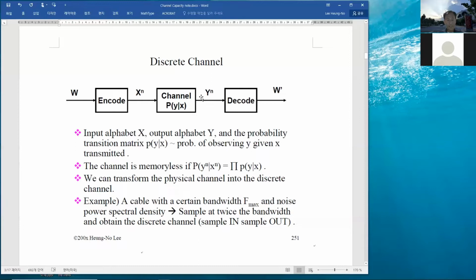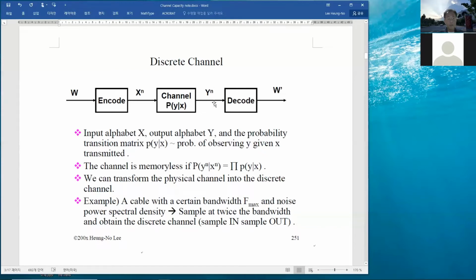Later on in our lectures, the output Y can be modeled as a continuous random variable, and that will come later. But the structure that we see here doesn't change much. So for the moment, we assume that inputs and outputs are all discrete random variables.